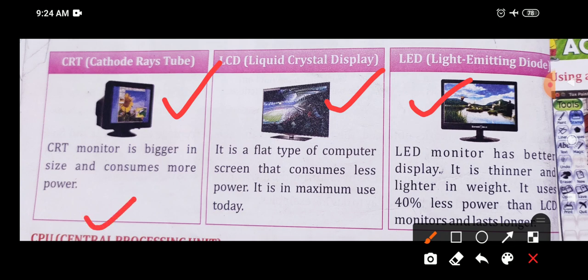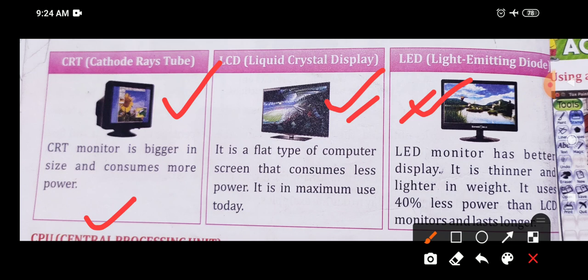First is CRT. CRT monitor is bigger in size and consumes more power. That is why now we are not using CRT monitors. Now mostly we are using LCD and LED monitors.